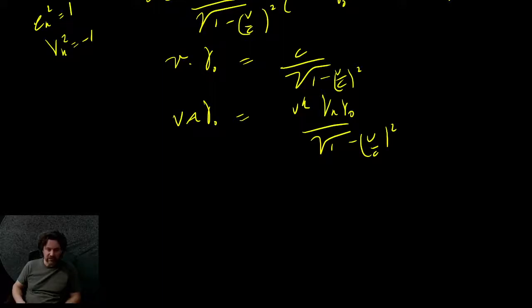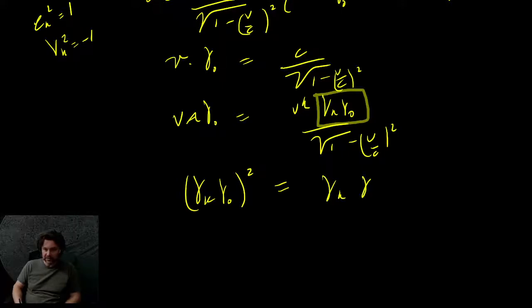Now this is almost a familiar looking quantity. We just have to look at this bivector, gamma_k gamma_0. If we square that, we have gamma_k gamma_0 gamma_k gamma_0, and let's flip the order of one of these terms.